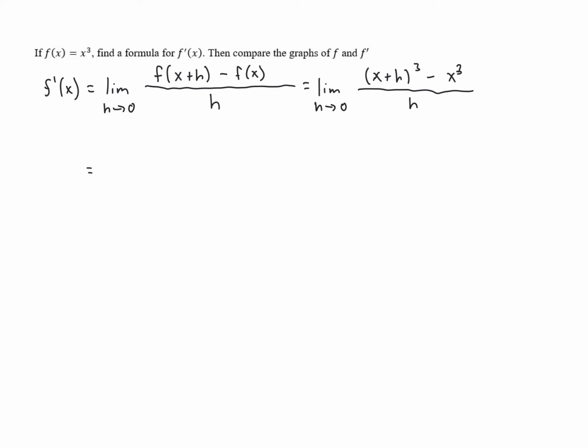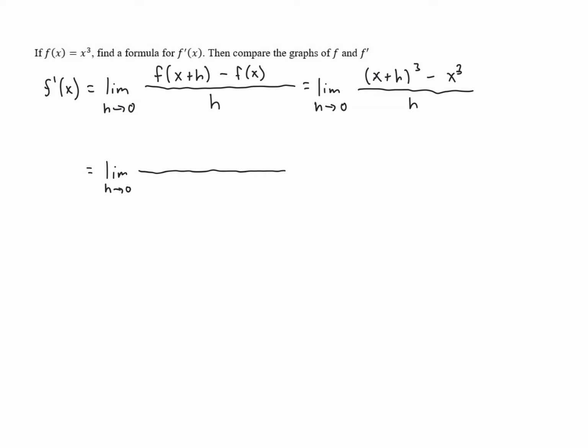All right, so we have to expand x plus h cubed. And I don't want to go through and write out every single step here, but I'm going to do a little bit of a skeleton, a framework for this problem, because I know that some students might not have the strong algebra background to do this.